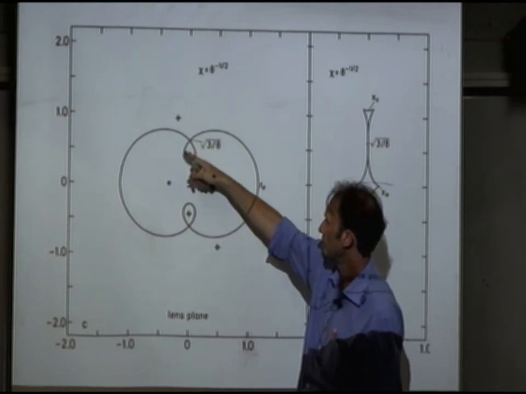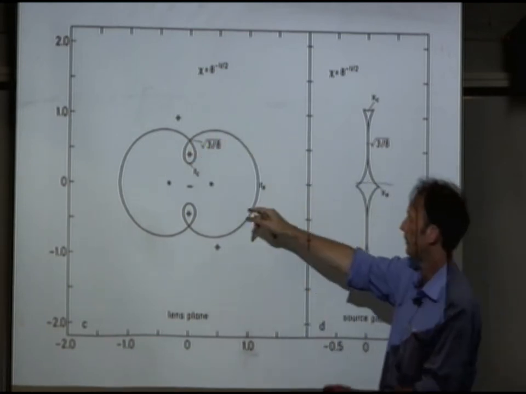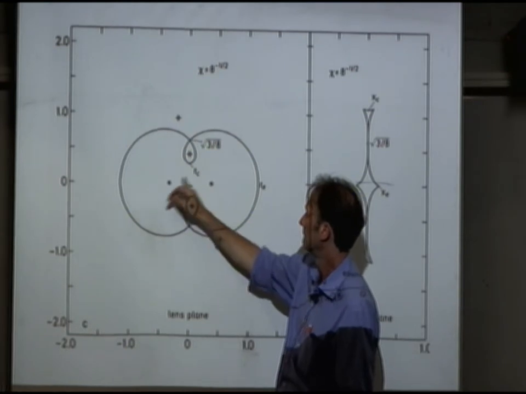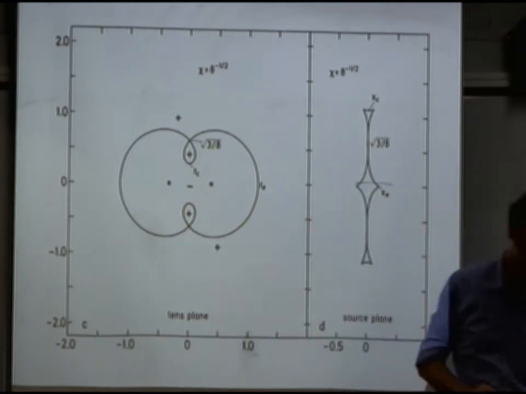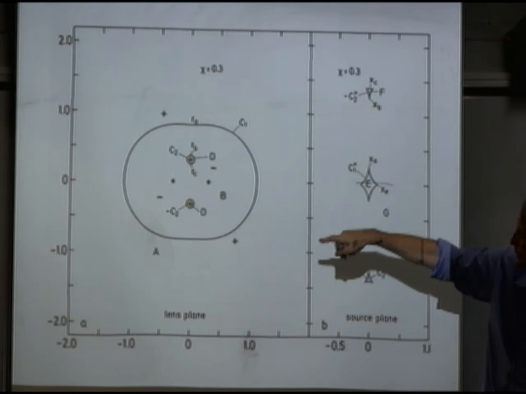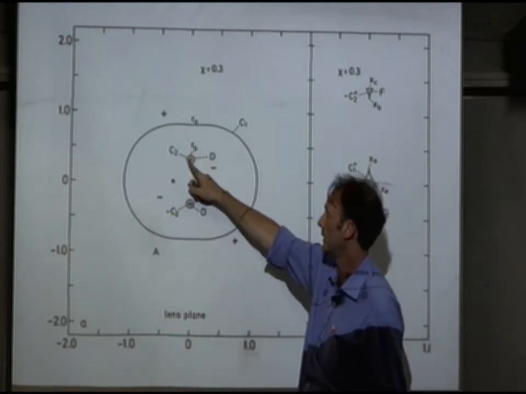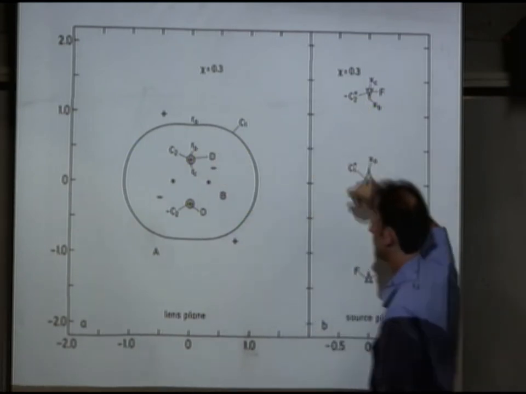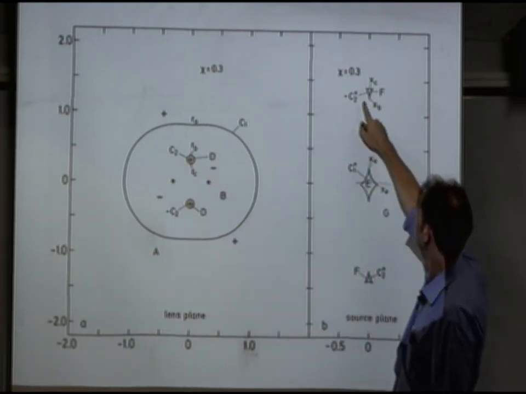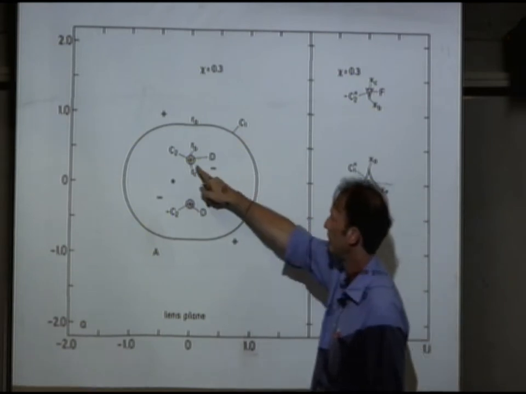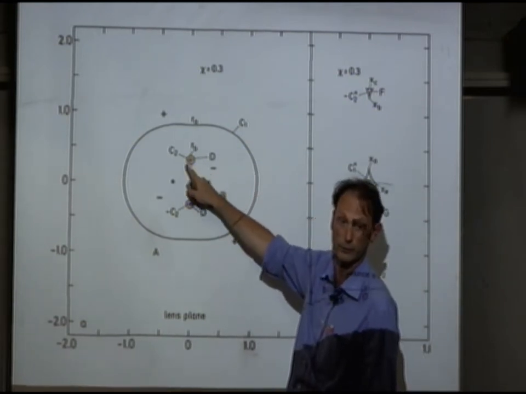What happens when you move from this kind of critical case to moving the lenses even closer is that these two little loops split off into two separate things here. And that means that you're able to generate extra images. If you cross one of these caustics, I guess C2, you generate new images near this critical curve here.